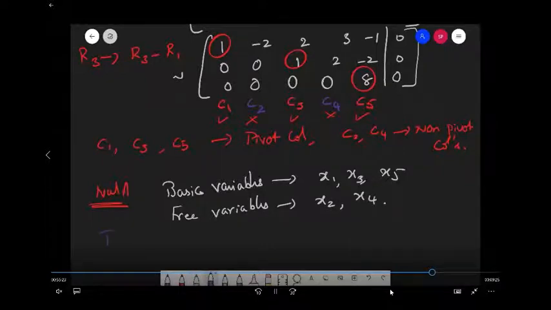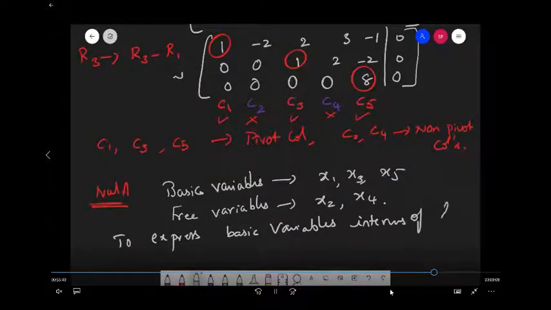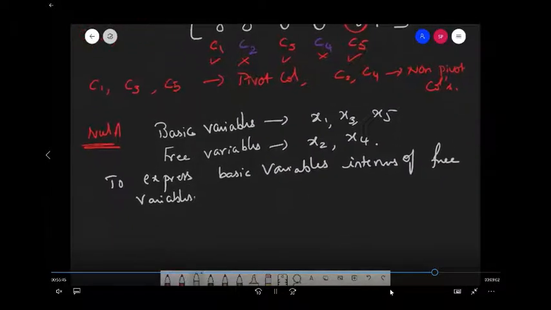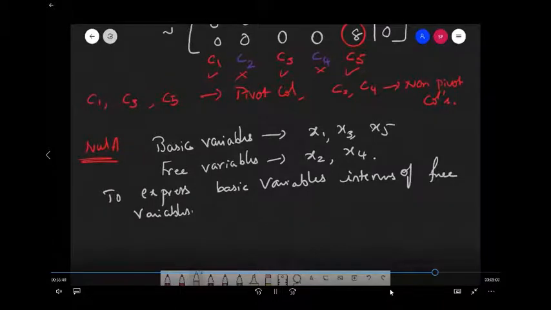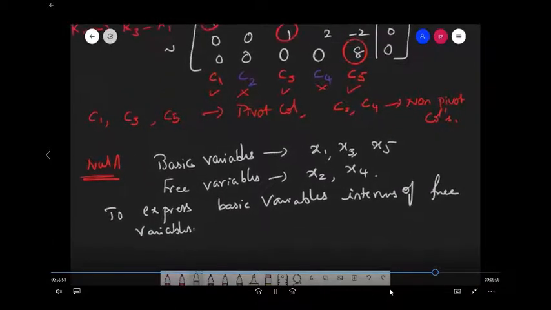Now to find the null space of A, what do you need to do? To express basic variables in terms of free variables. So how do we do that?